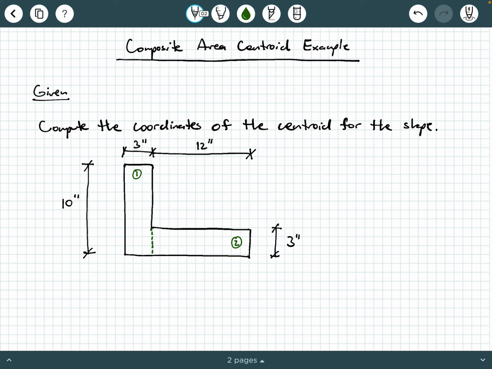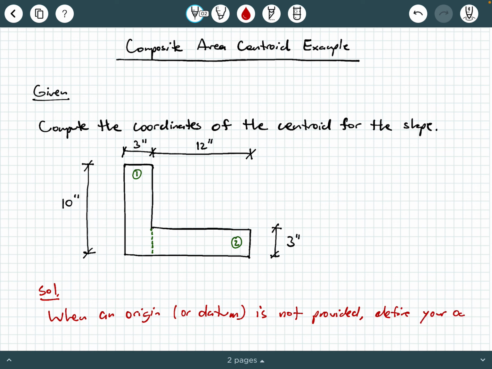The next thing you want to take note of is an origin or datum. In this particular example, we were not given an origin. So under solution, I'm going to make a comment: when an origin or datum, a datum being just a reference axis, is not provided, you define your own.